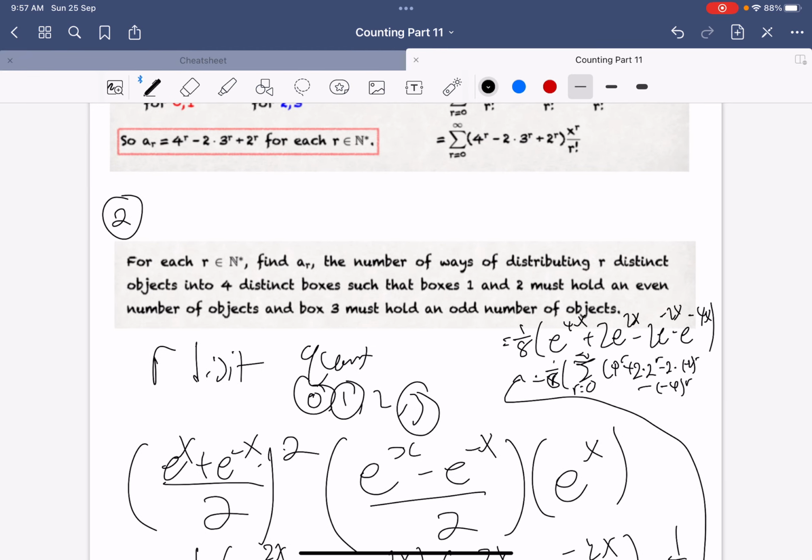So this gives us a formula for us to solve for this expression in closed form.